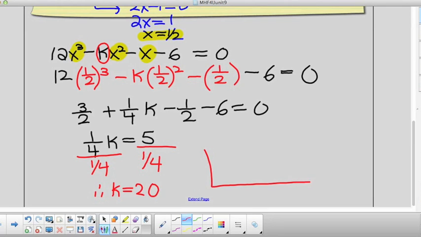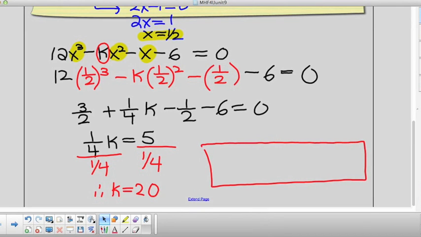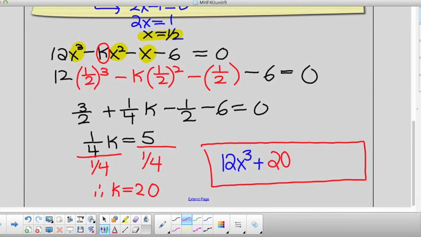So I can rewrite my original polynomial equation now as positive 12x cubed plus 20, that's my k value, x squared minus x minus 6.